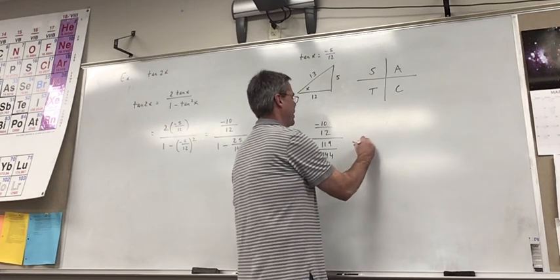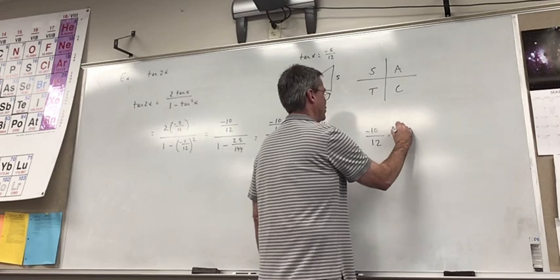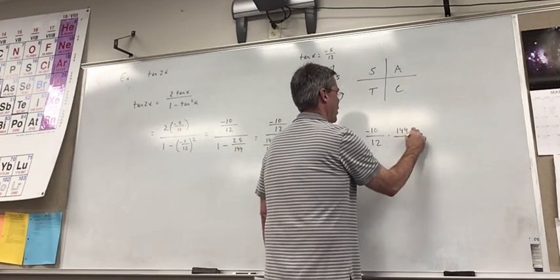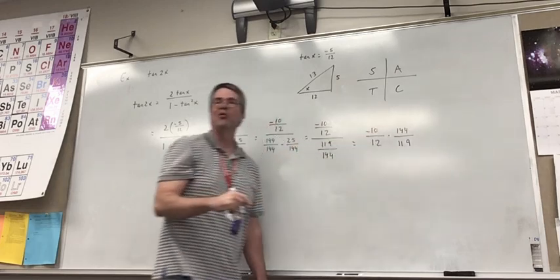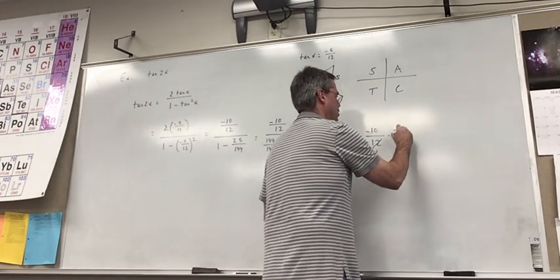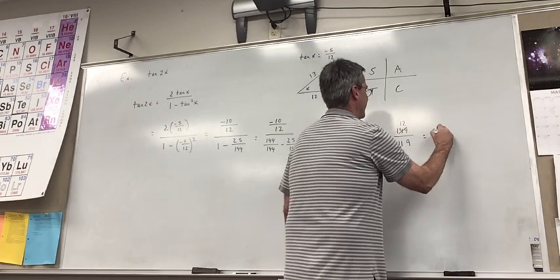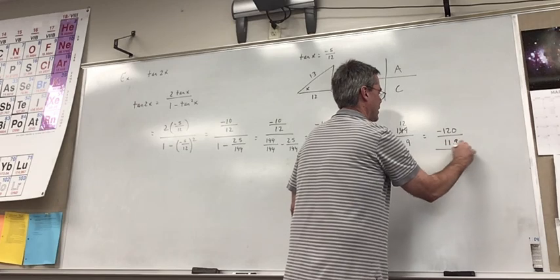So what am I going to do to the bottom fraction? All right, flip it, so 144 over 119. What can I do with the 12 and the 144? All right, so this would be a 1 and that'd be a 12, right? So that's negative 120 over 119.